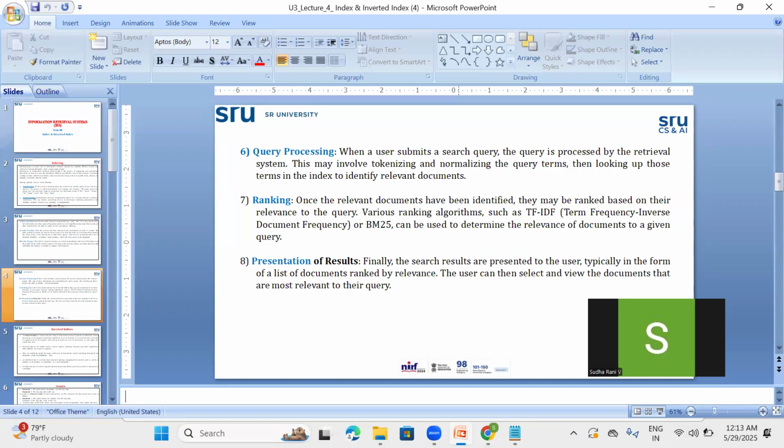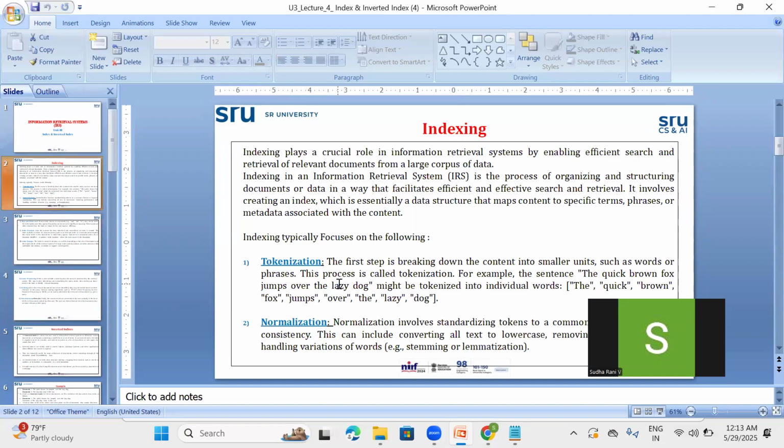So once again, come back to the indexing. What are the steps of indexing we see? Let us check again. Indexing. The first step is tokenization, where the sentence is divided into different words. We are breaking up the sentence into different words.